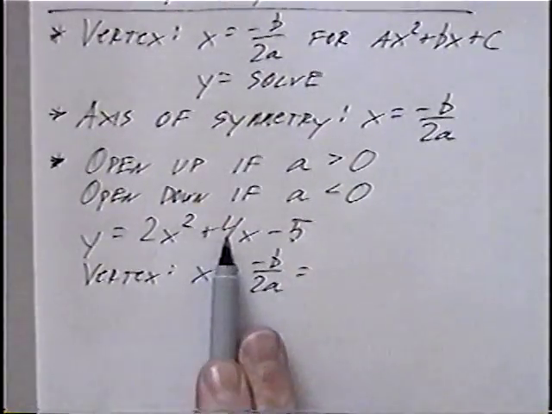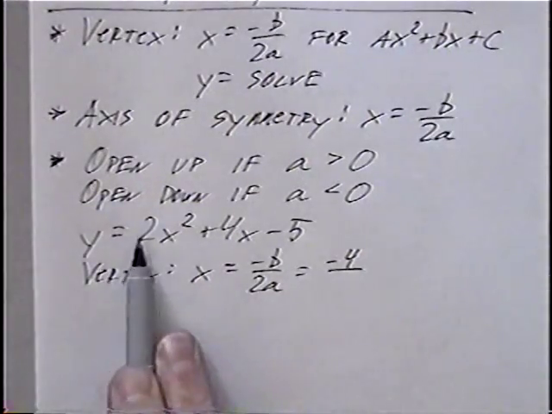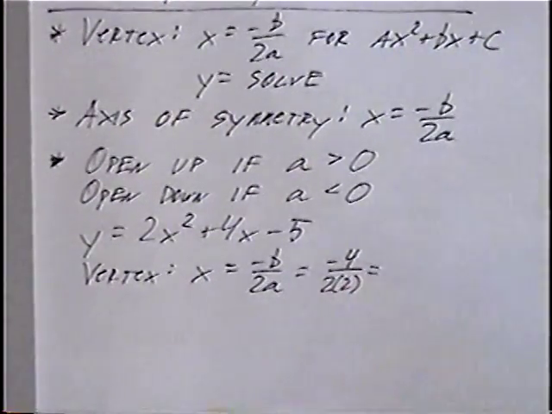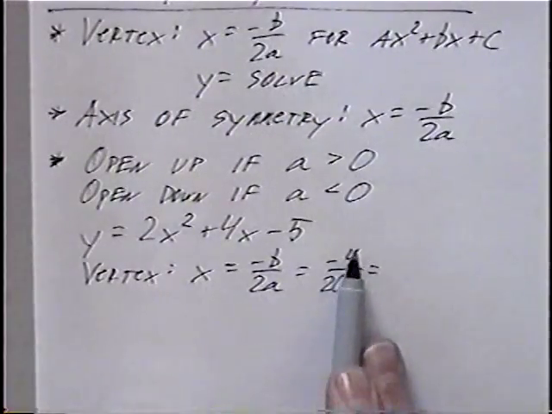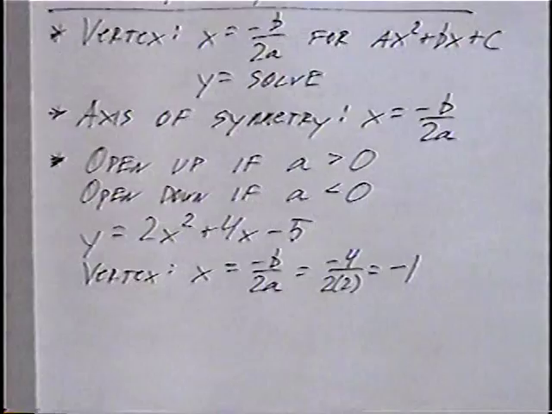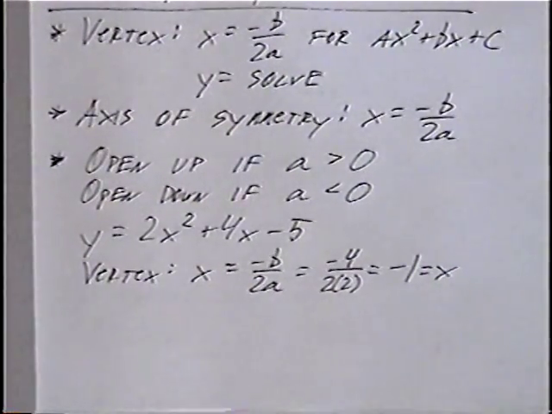So negative b, middle number is 4, which would be negative 4. 2 times a, the first number, which is 2, so 2 times 2. 2 times 2 would be 4, 4 divided by 4 would be 1, and they have a negative on there, so it's negative 1. This is what x is equal to for the vertex.